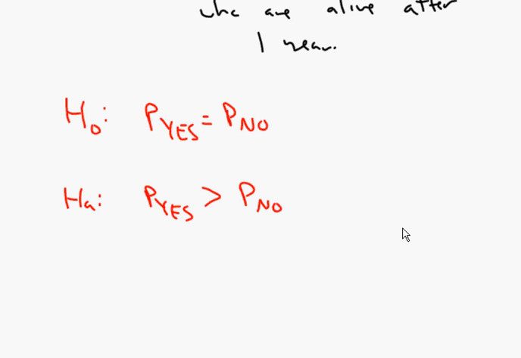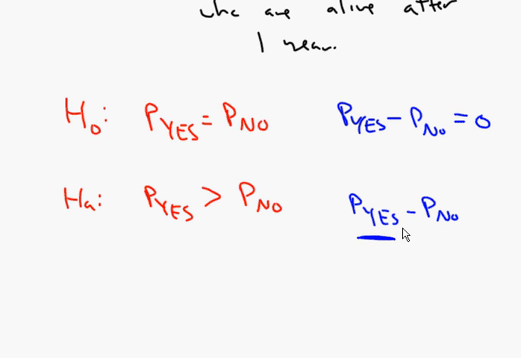Okay, so this is one way to write the hypothesis. Another way to write it might be P yes minus P no equals 0 versus P yes minus P no greater than 0, since we would expect this proportion to be higher. Okay. What's sort of nice here is that if we do a hypothesis test with these hypotheses, when we're done, we'll have a direction of the relationship.